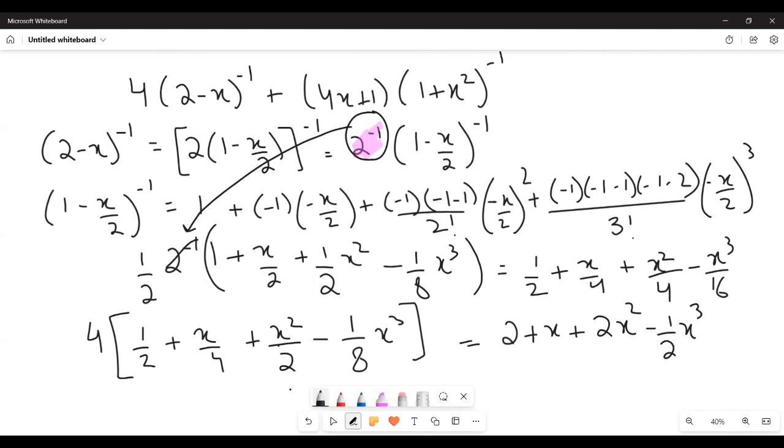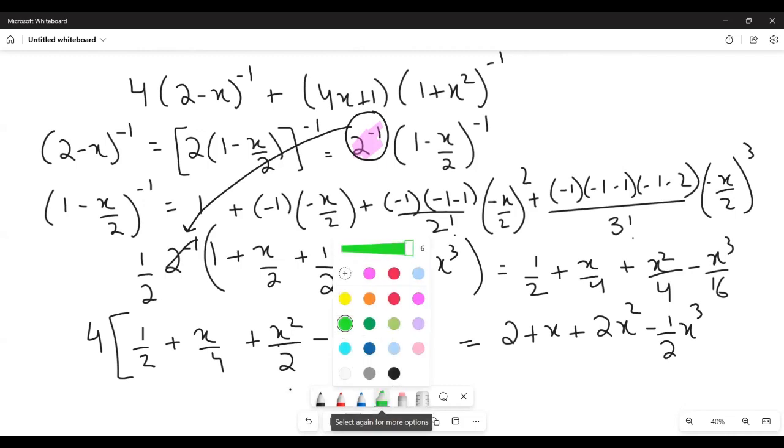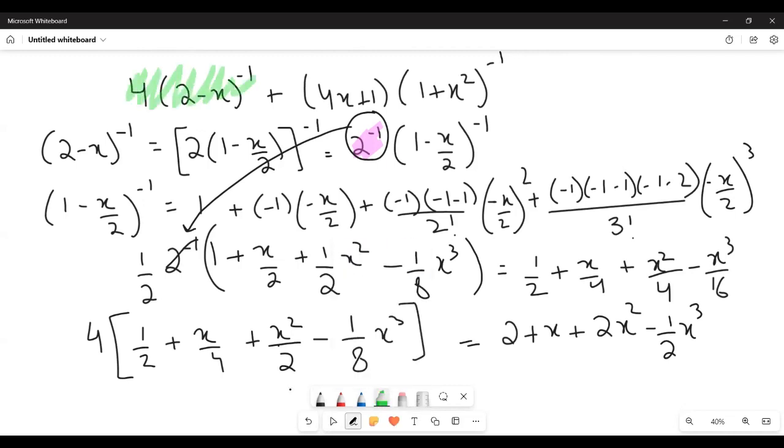So this is the expansion of the first part only, provided I haven't made any mistake anywhere in between.